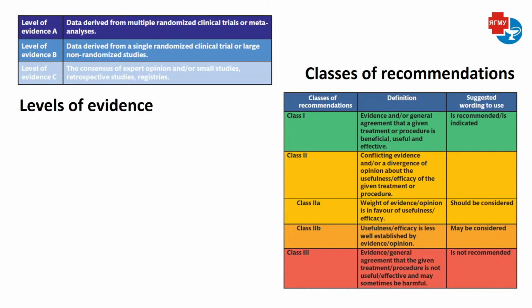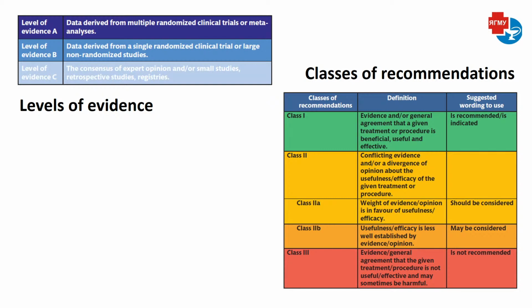Class 2, conflicting evidence and or a divergence of opinion about the usefulness and efficacy of the given treatment or procedure. And it is divided into two classes. Class 2A, weight of evidence and opinion is in favor, usefulness and efficacy should be considered.